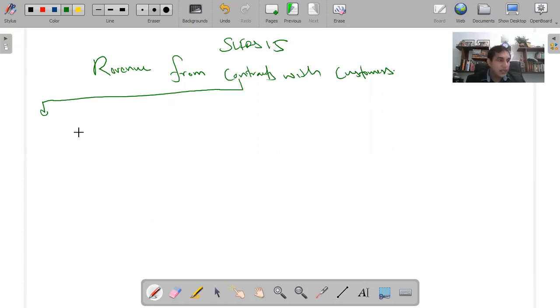First one, LKAS 11 replaces, that is construction contracts.